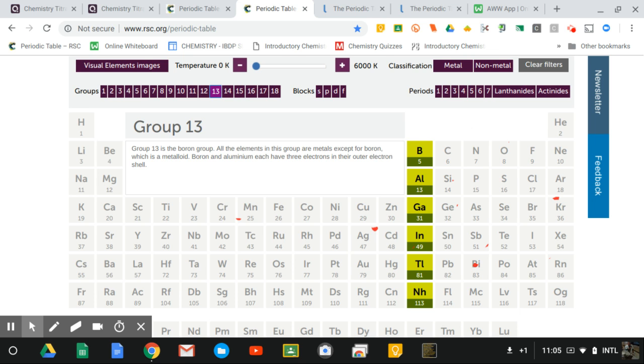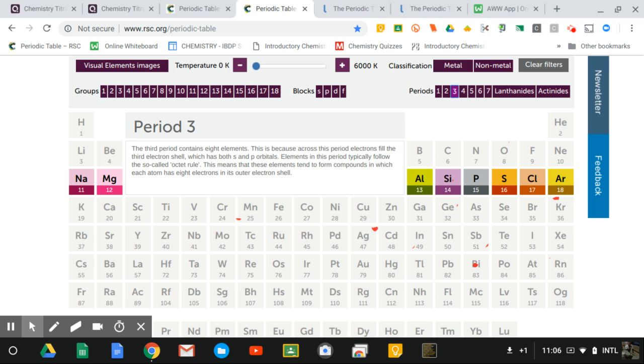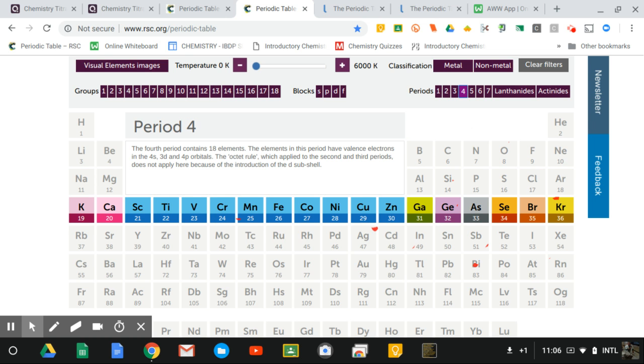And the period number 4 is a typical metal in the periodic table, except these three. Well, actually, this is a metalloid, and the rest will be non-metals.